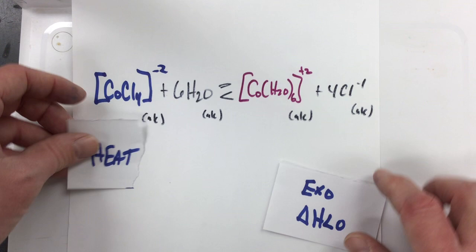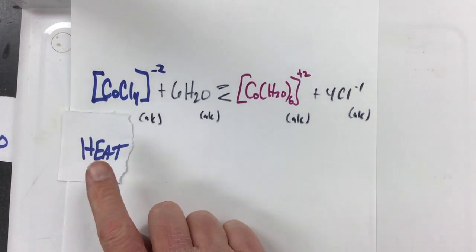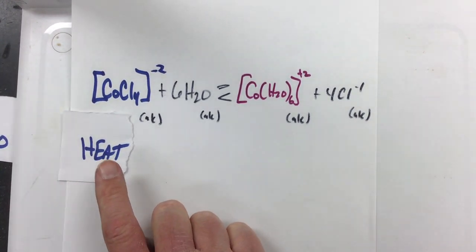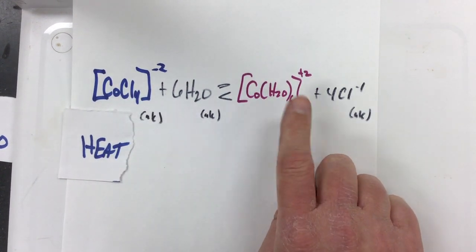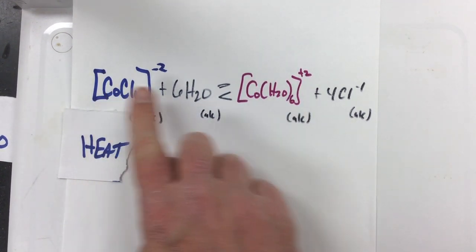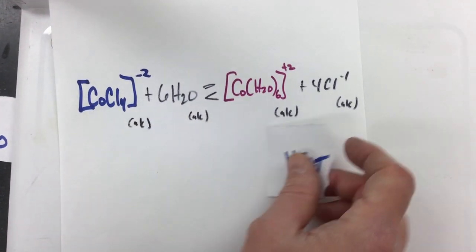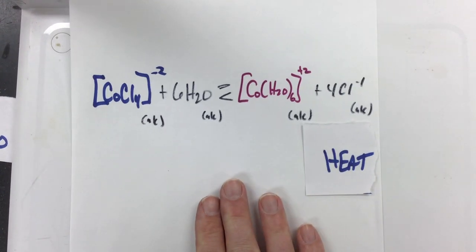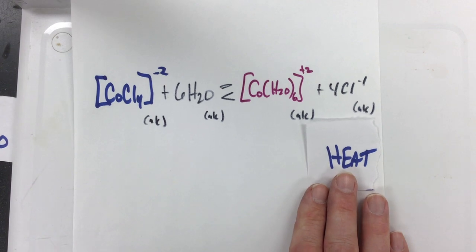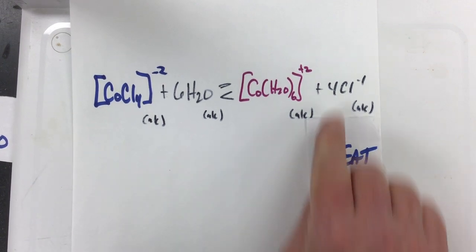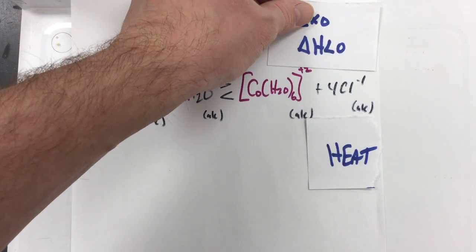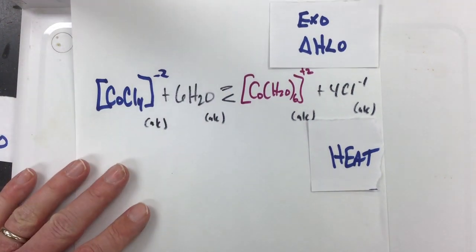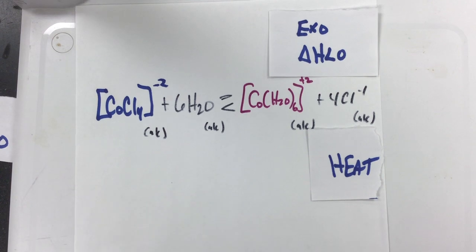If heat was a reactant over here, then when I put those guys into the hot water bath, they would have turned pink. The pink would have stayed pink and the blue would have turned to pink, but that's not what happened. What happened is I put them both in and the blue stayed blue and the pink turned to blue. So by adding in heat, it went to the opposite side. So this must be an exothermic reaction where delta H is less than 0.